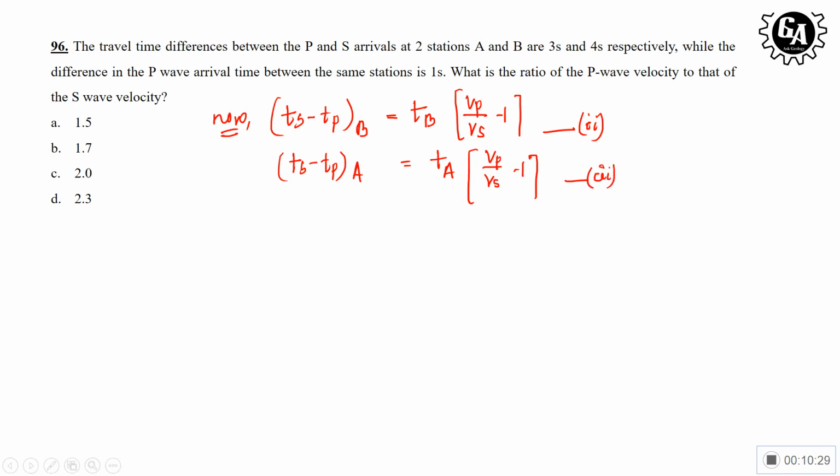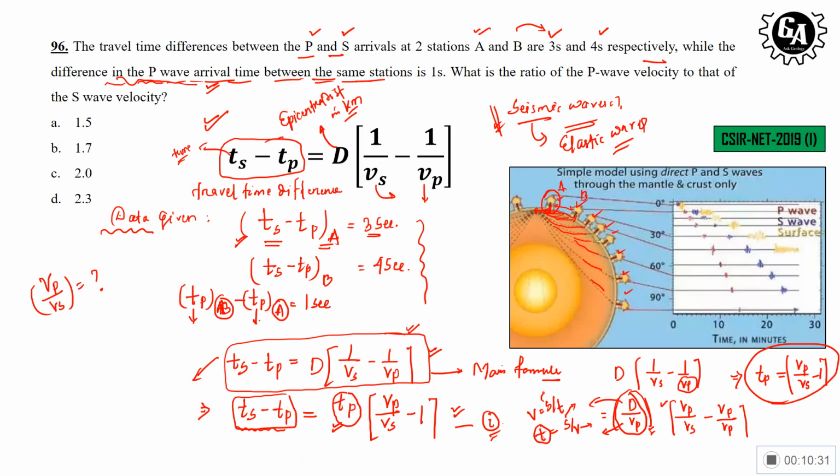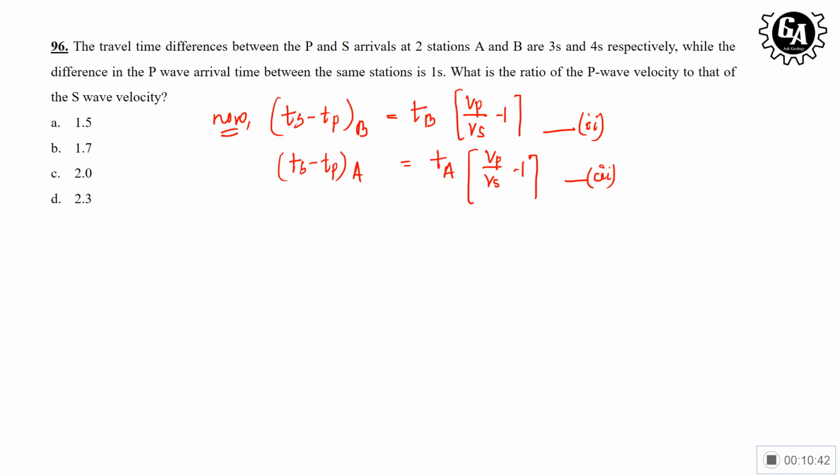Here I derived the travel time difference in terms of Tp and Ts, with respect to P and S, for station B and station A. These are the two equations I just got. Only substitution, nothing else.